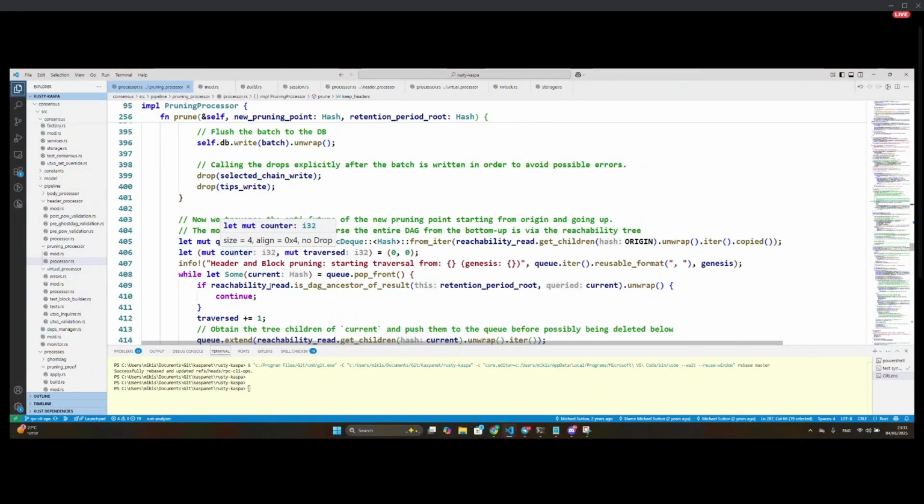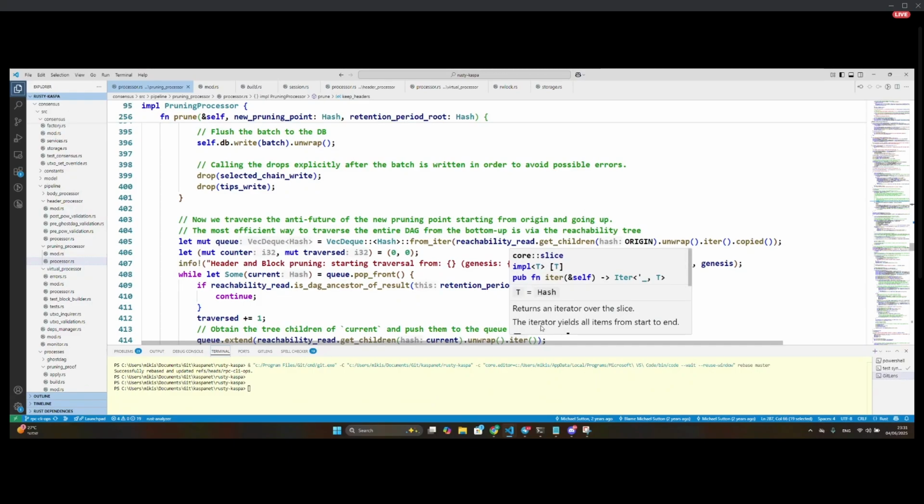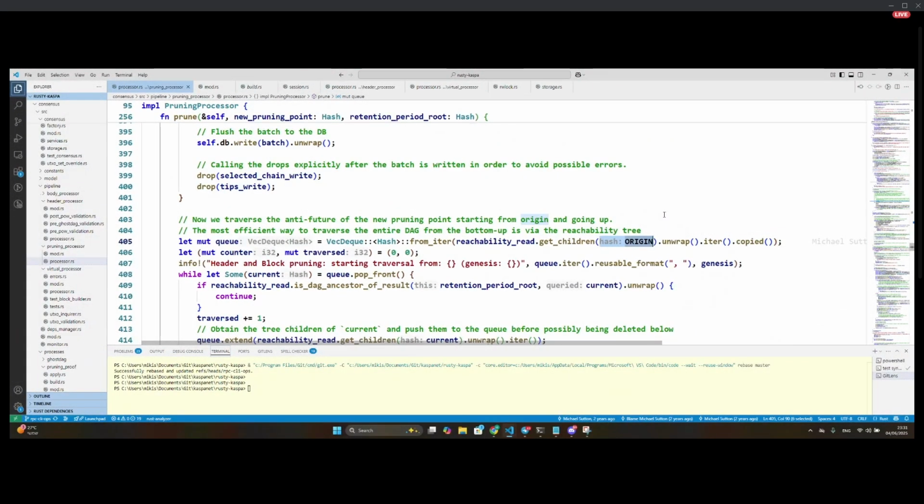Okay, so how do we prune? The idea is there's a special block named origin, which is like a virtual genesis, you would say.